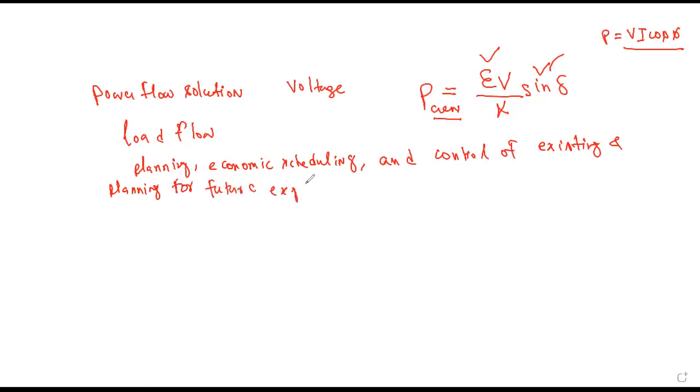Now, how do we go about this? What are the variables that are associated with it? This problem will be determined by the magnitude and phase angles of voltage at each bus. Voltage will have some magnitude, the value of the voltage, and it will have a phase angle, which is very important.